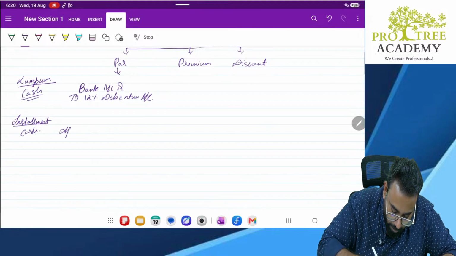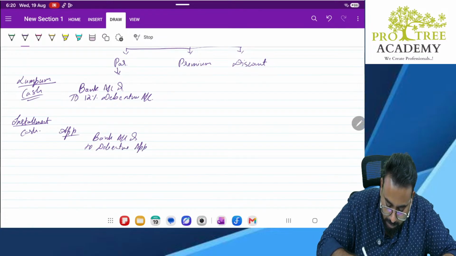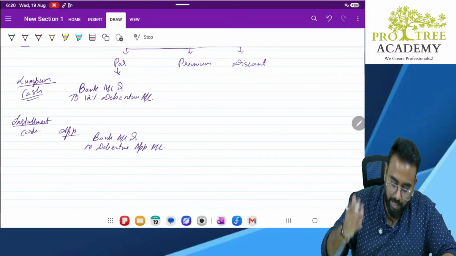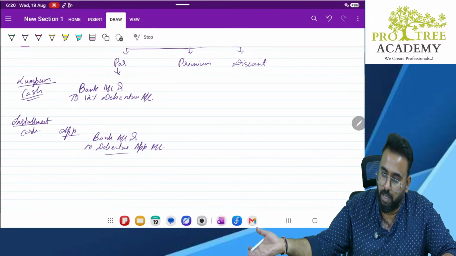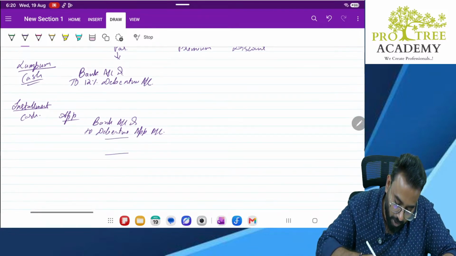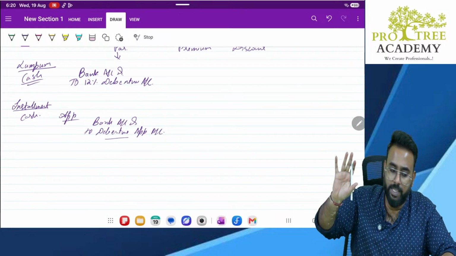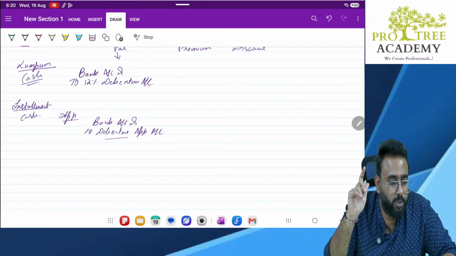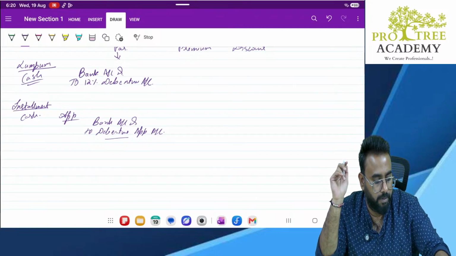Say for example on application, the entry will be bank account debit to debenture application account. Then this debenture application will be transferred to debenture account. Then similarly allotment will be like that. Clear? Same as share capital. Only thing is there, share capital was owner's fund. Here it is a liability which we need to pay off.